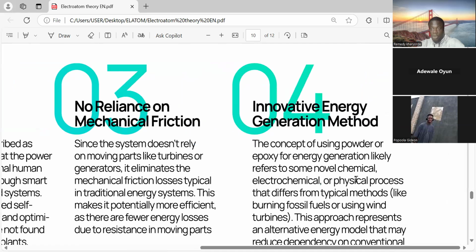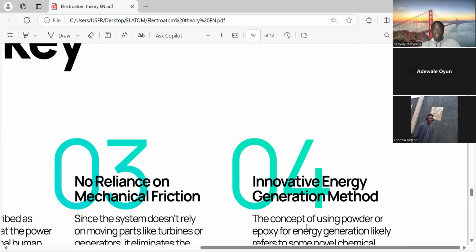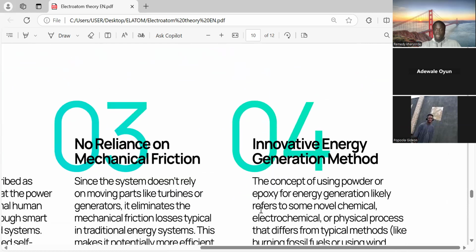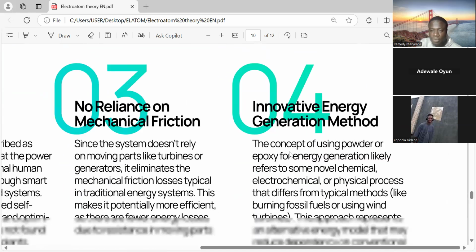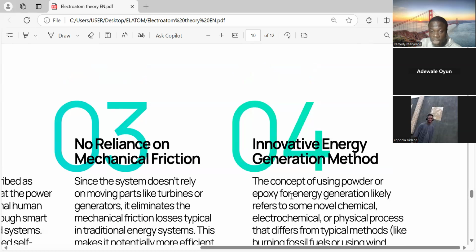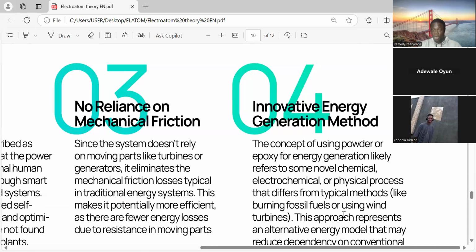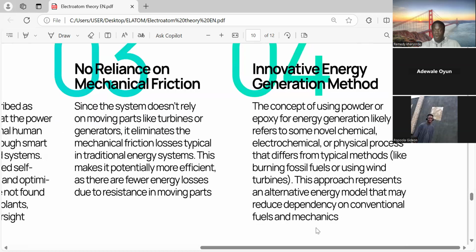The fourth on the list is that the concept of using powder or epoxy for energy generation likely refers to some novel chemical, electrochemical, or physical process that differs from typical methods like burning fossil fuel or using wind turbines. This approach represents an alternative energy model that may reduce dependency on conventional fuel and mechanics.